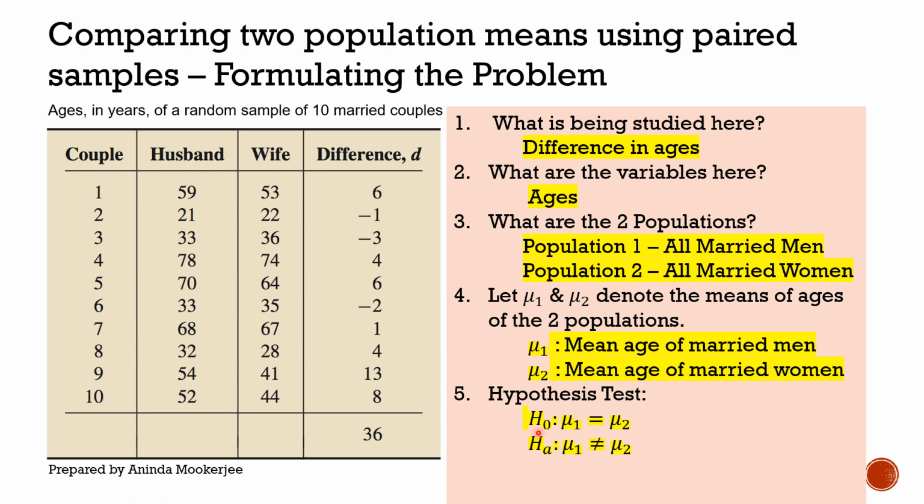The null hypothesis says that the two means are the same, so there's no difference in the age of married men and married women: mu sub 1 equals mu sub 2. The alternate hypothesis, because we are studying the difference in age, is going to be mu sub 1 not equal to mu sub 2.